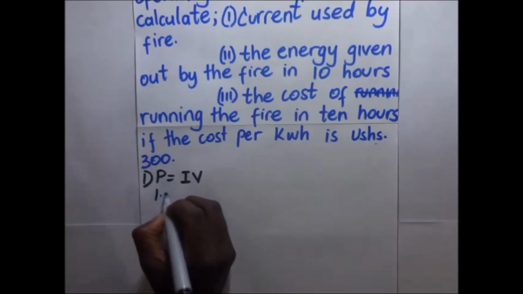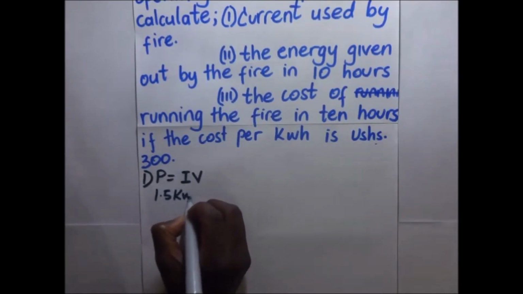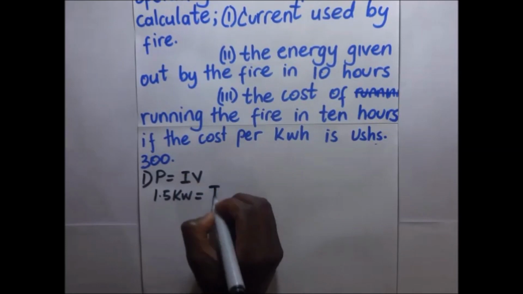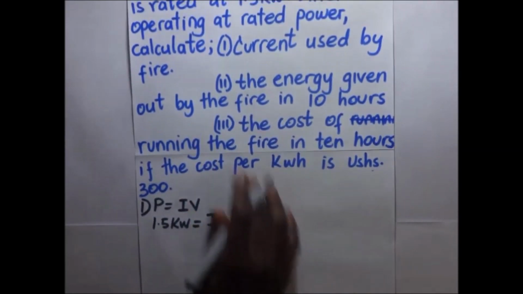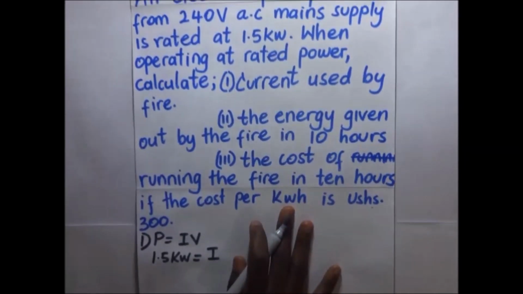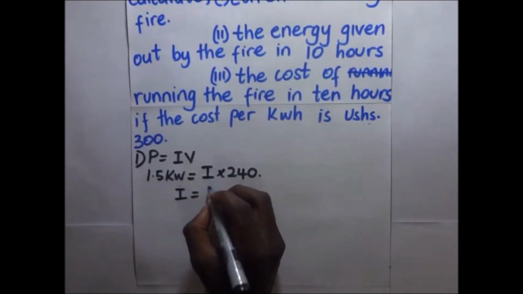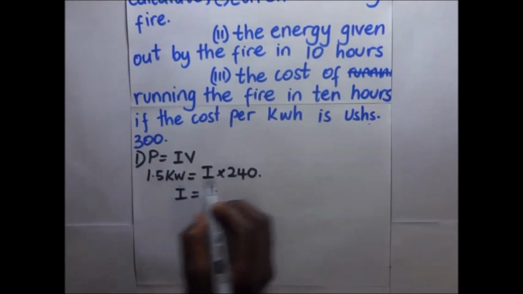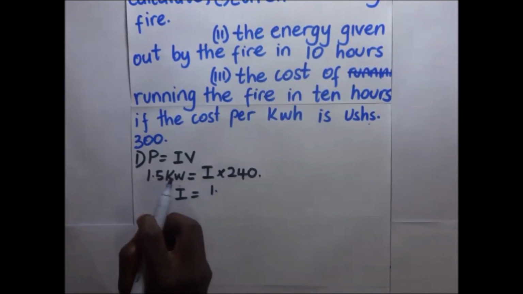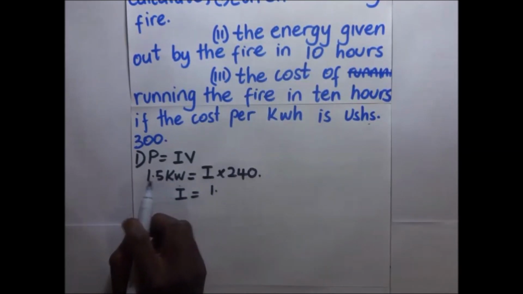So 1.5 kilowatts is going to be the current, which you are looking for, multiplied by the voltage, and here the voltage is 240. So meaning that our current is going to be equal to 1.5 kilowatts, and if you convert this to watts, you multiply by 1,000.